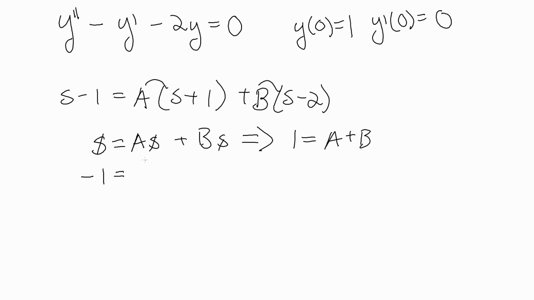So here we would have a minus 2b. That's that right there. So this is our second equation. So now we have these two equations and these two unknowns. So from this we can solve for a and b.